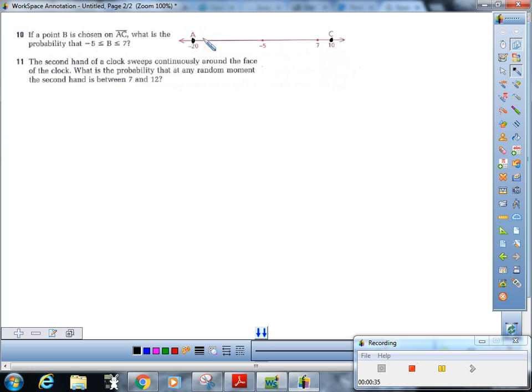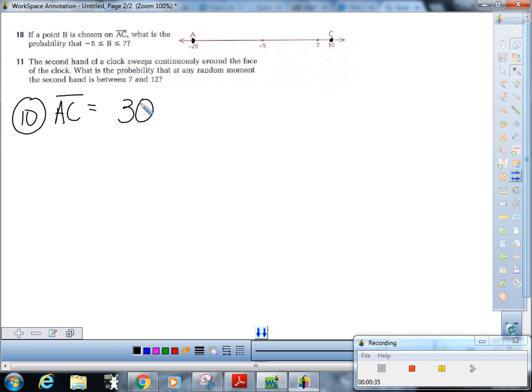Okay? So, how long is AC? Segment AC. How many units? It's 30 units, right? And how long is it between -5 and 7?